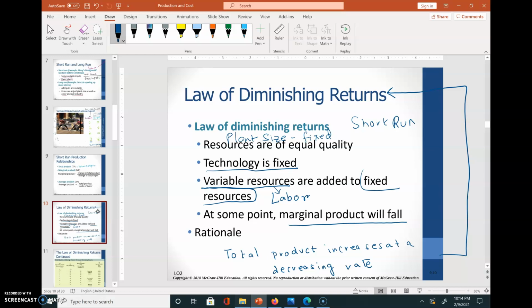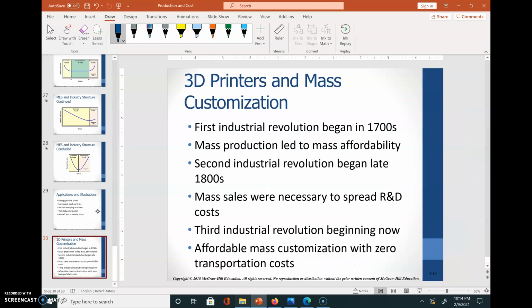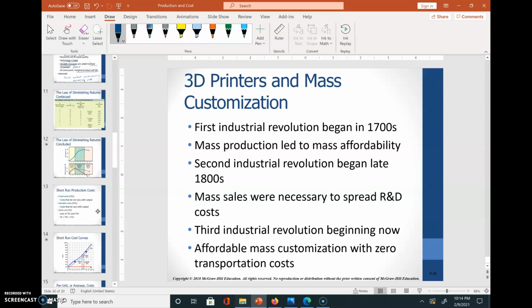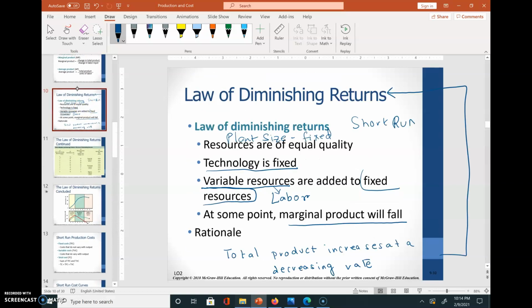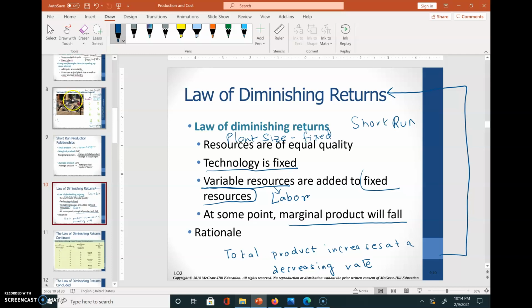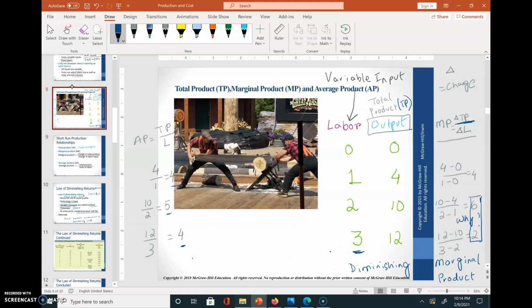So something else we can say here, marginal product will fall. So we can say that the total product increases at a decreasing rate. Going back to our simple example here, looks like the total product is increasing from 4 to 10 and then from 10 to 12.